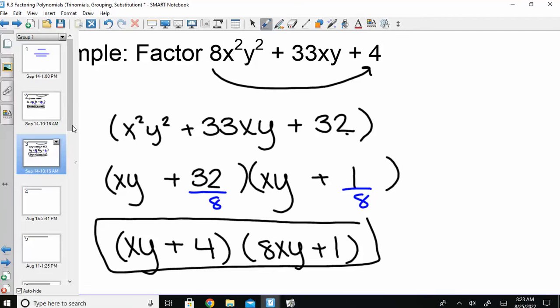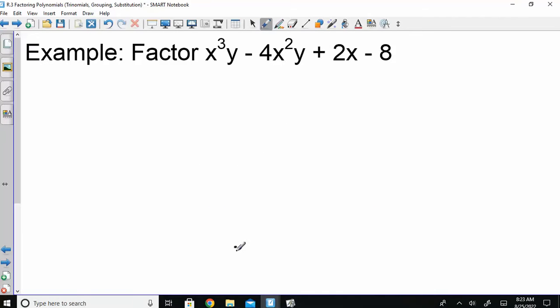What if I gave you this one? How many terms do we have? 4.